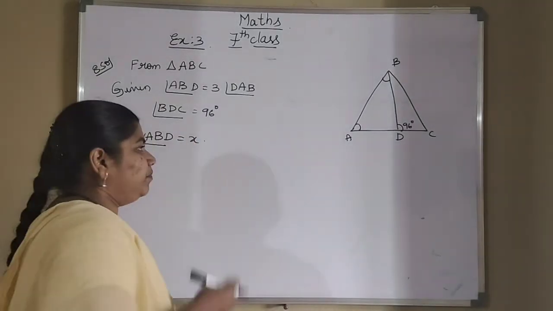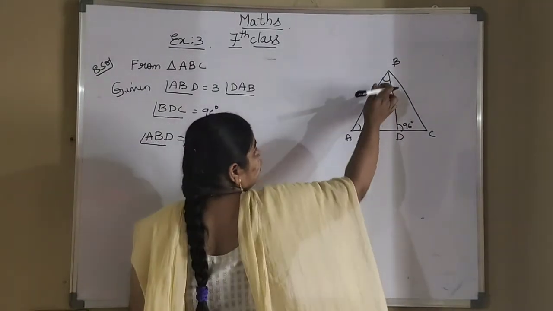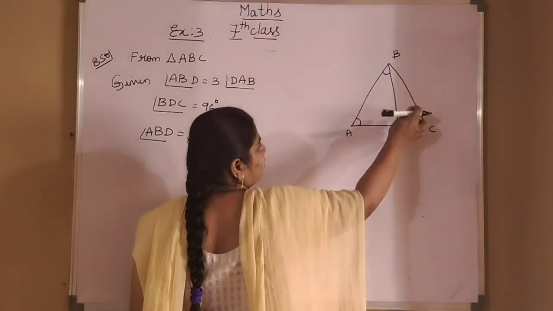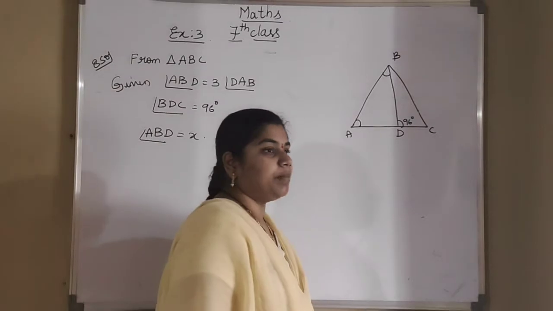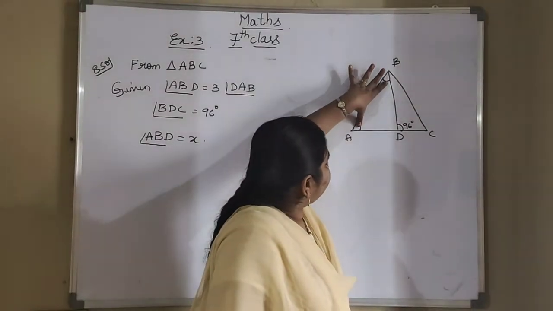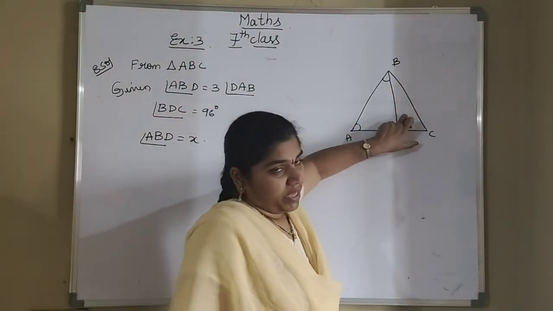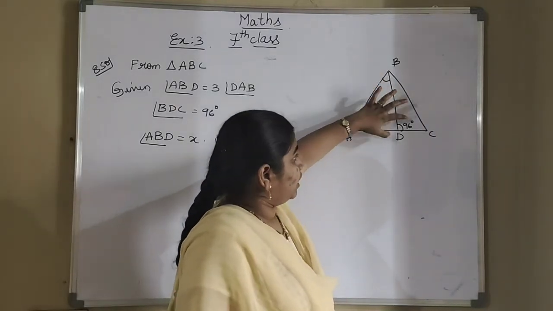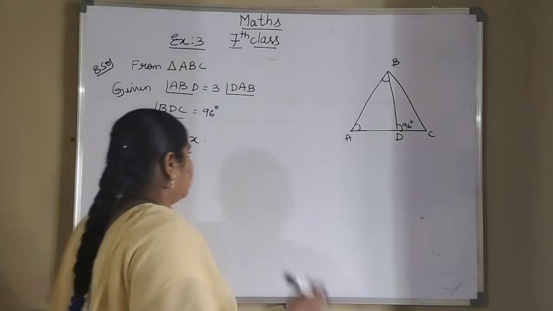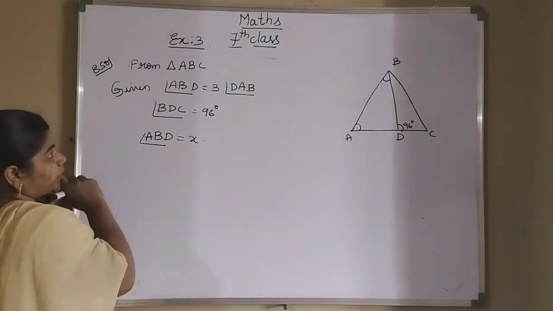So see here. I am using the exterior angle property: sum of two interior angles will be equal to the exterior angle. So if you add these two, which angle you will get? 96 you will get. So by using the exterior angle property, you write that.